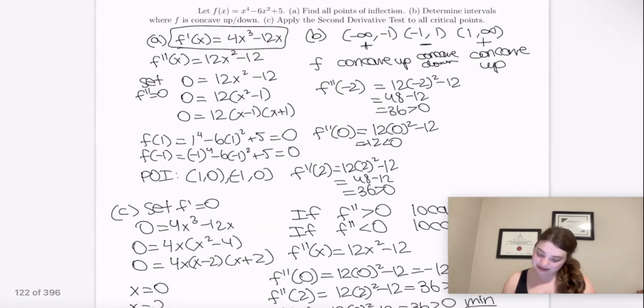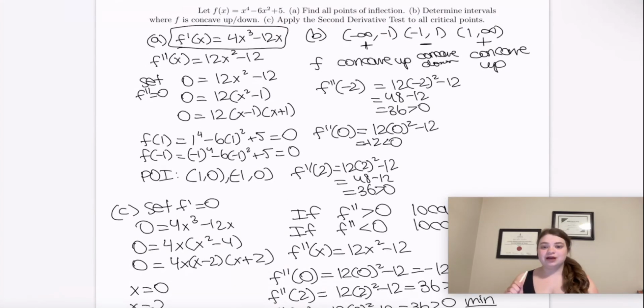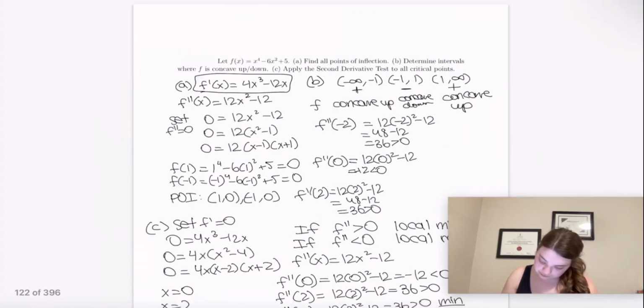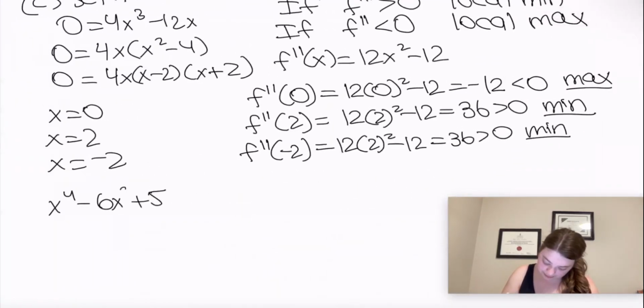Then the last step is it's asked us to test all the critical points. So I'm going to find where the critical points were. Recall that the original f of x function is x to the power 4 minus 6x squared plus 5. And so then I'm just going to plug in these values to find the other parts of our critical points.